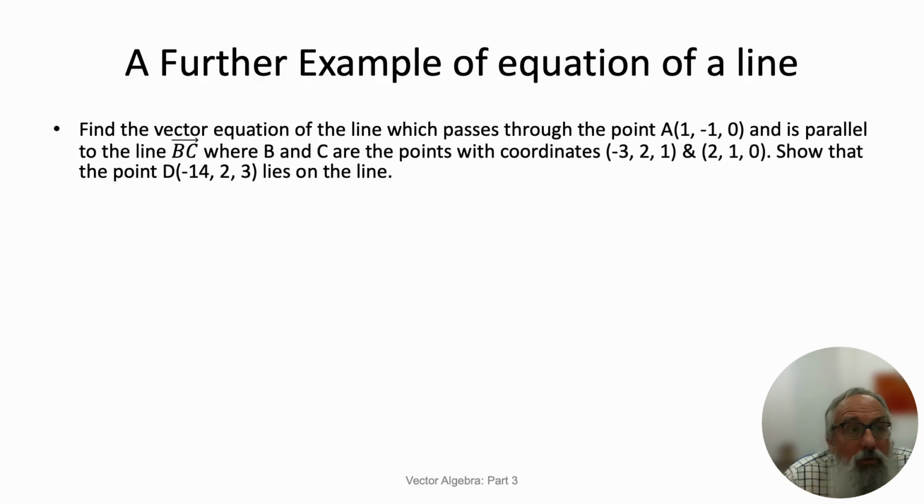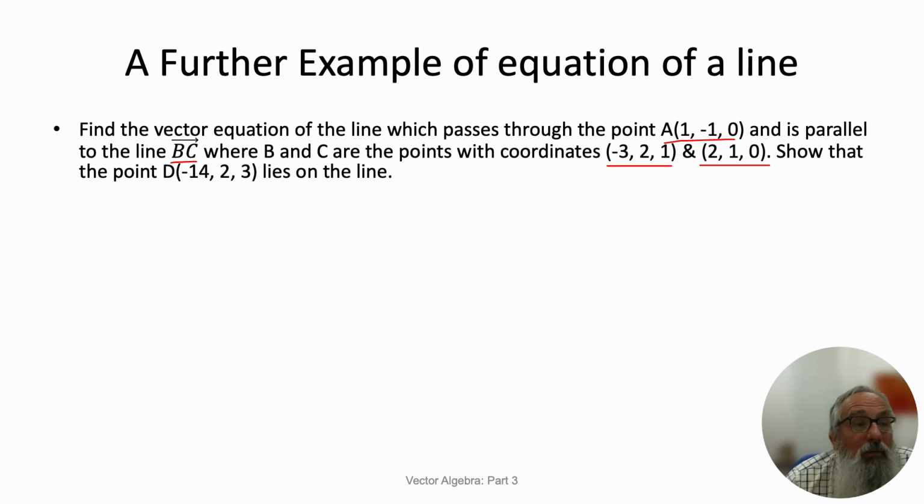Okay, we're going to look at a further example. So what have we got here? We've got a line passing through point A, (1, -1, 0), parallel to the line BC, where B and C are points on that line which have coordinates like this.